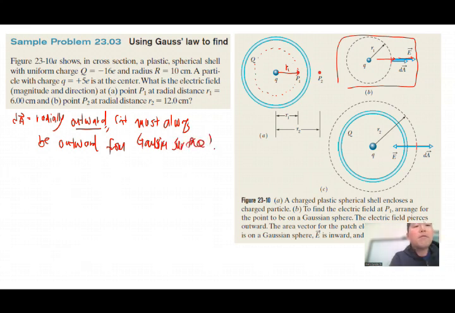As long as you have a Gaussian surface, the area vector on the surface should point outward. So the angle between the electric field and the area vector equals 0, because they are pointing in the same direction. They are all aligned radially outward.